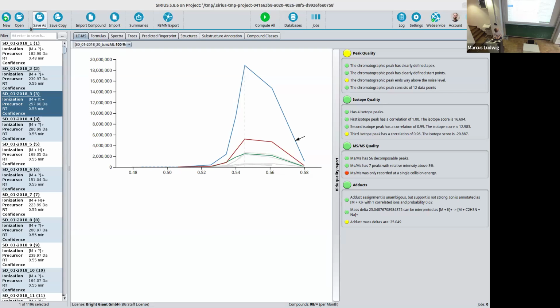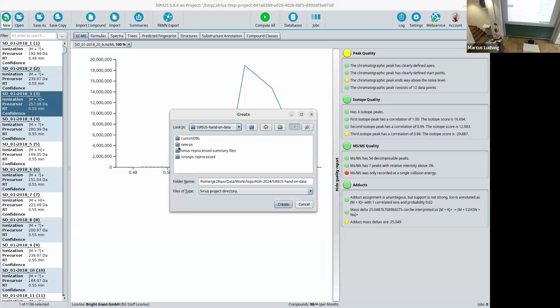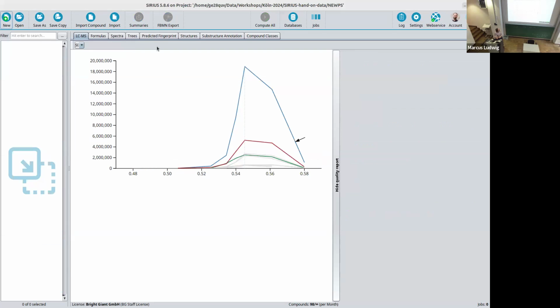And now we just create a new project space somewhere. New project space. And then it starts empty again.